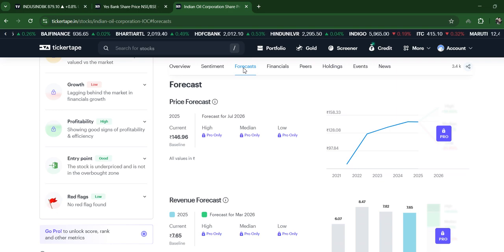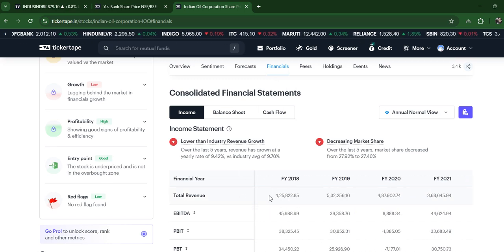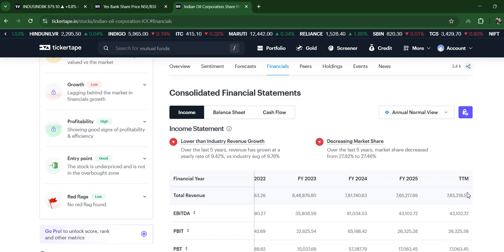Forecast means the budget details, like how the company will perform, what its price will be in future, how much the revenue forecast is, and how much its income will be. Here comes a bit more important thing, the finances of the company. It provides all the details, starting from 2017 till 2025 to date.